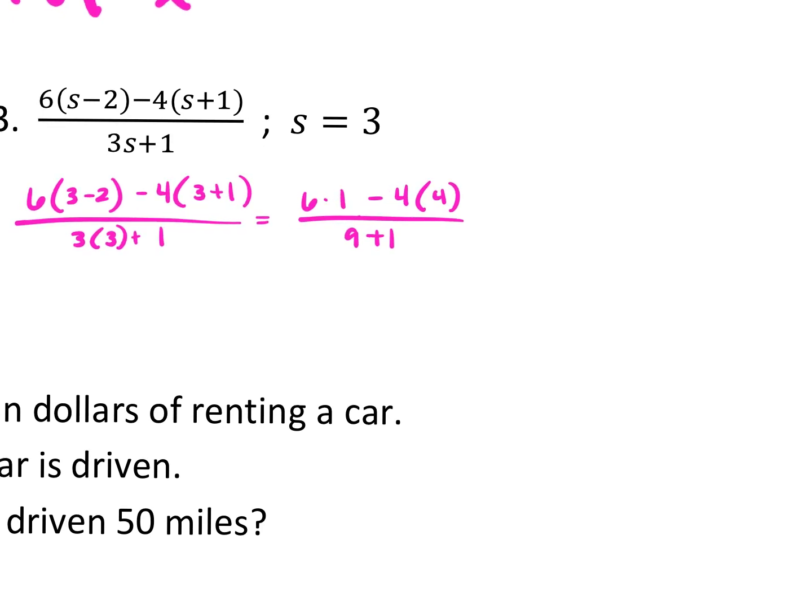Keep going a little further with that. You get 6 minus 16, multiply before we subtract, over 10. And then remember the division bar acts like parentheses. So you actually want to just do the subtraction here first. So 6 minus 16 is -10 over 10, which is a -1.